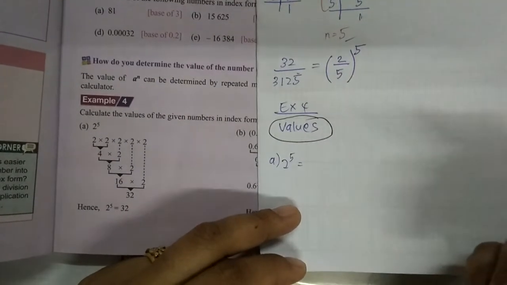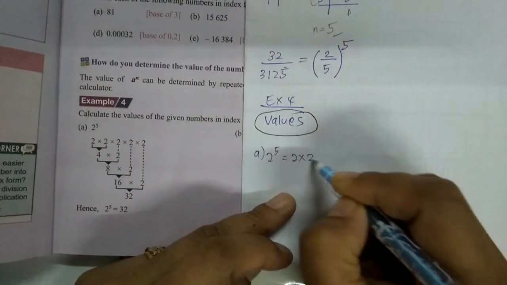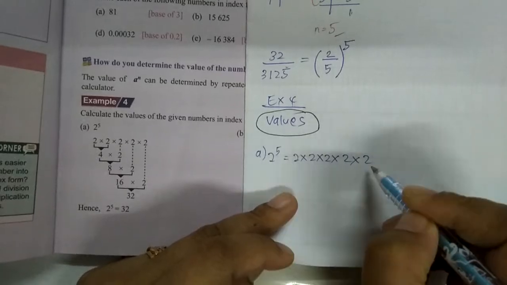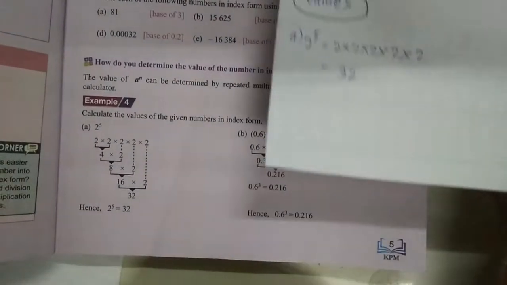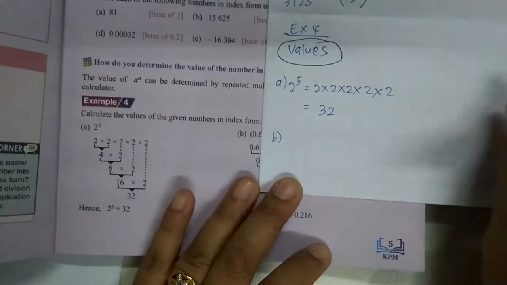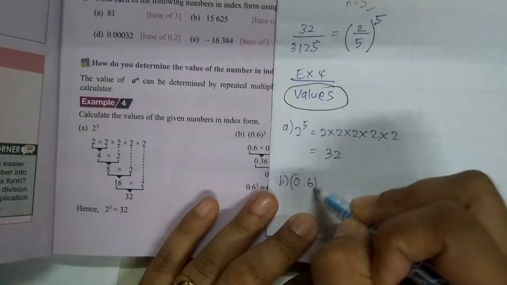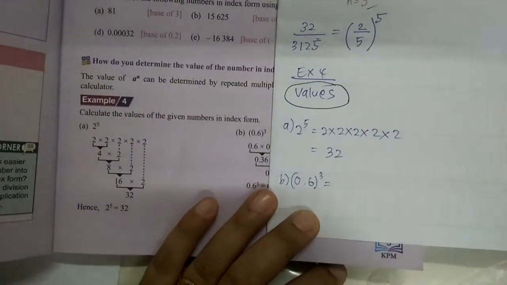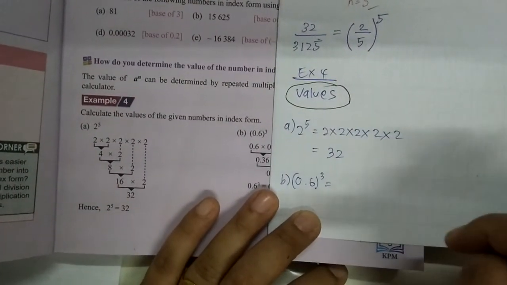But if you want to write the method, this is 2 multiply 2 multiply 2 multiply 2 multiply 2, 5 times. So this is equal to 32. For B, it is 0.6 to the power of 3 in bracket. Remember, if you use a calculator, please press the bracket symbol.